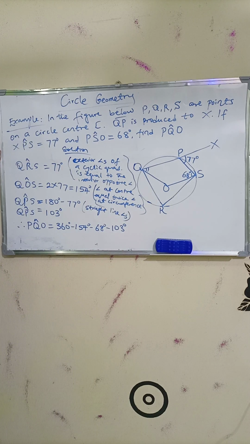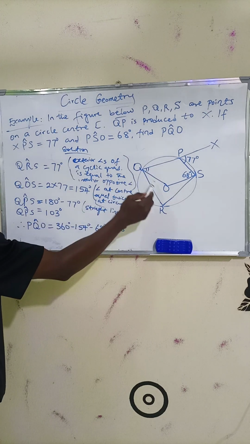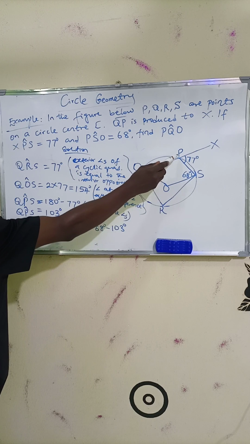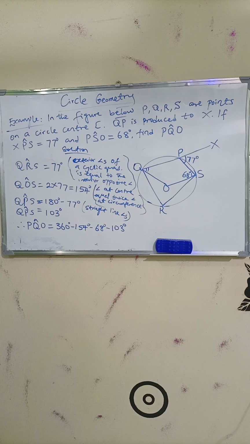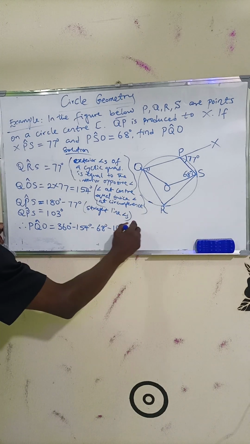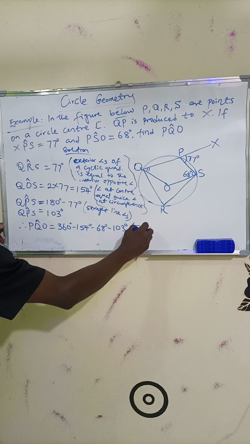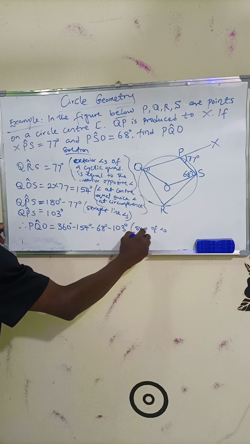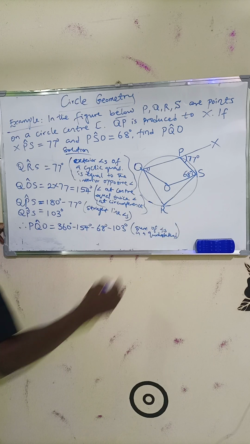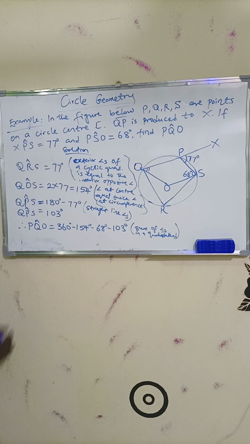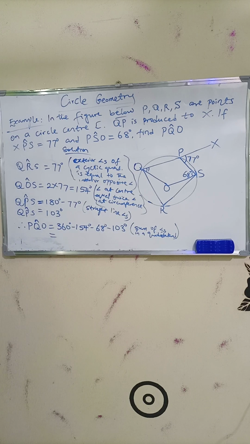What is our reason? Our reason is very simple. The sum of angles in a quadrilateral, this quadrilateral PQOS, is equal to 360 degrees. So we're going to write it here: sum of angles in a quadrilateral. Then we're going to subtract all this together.